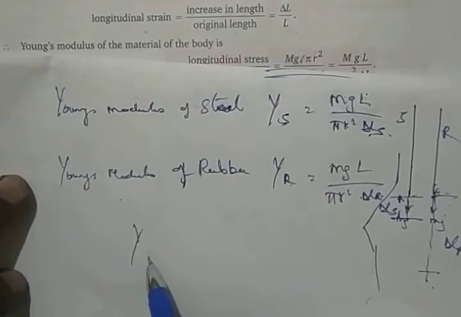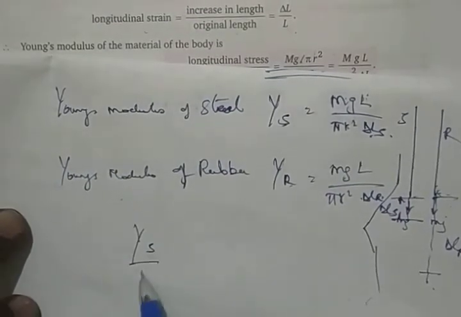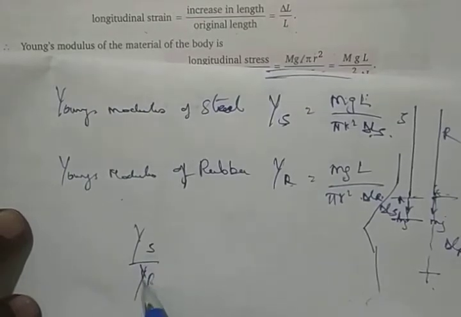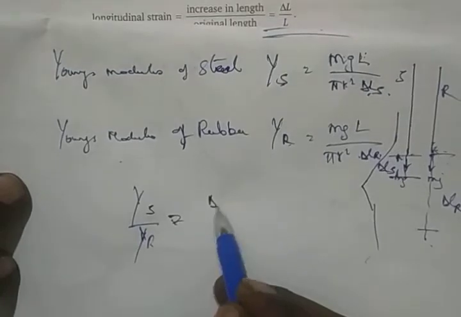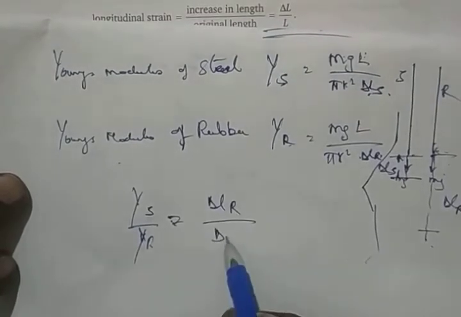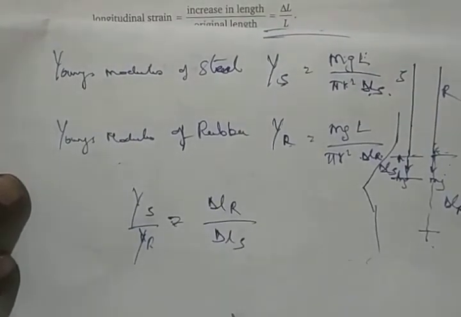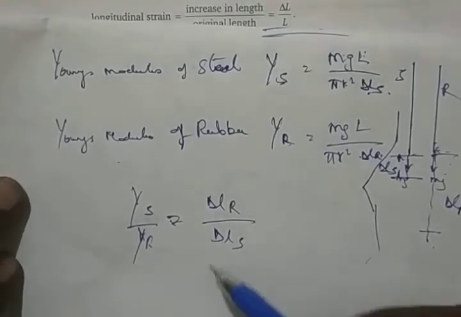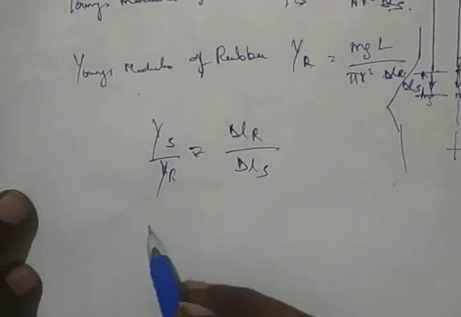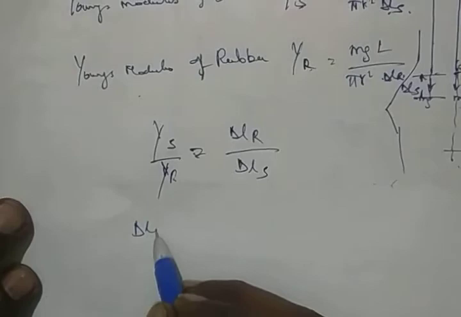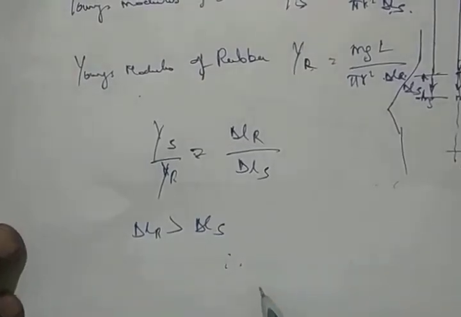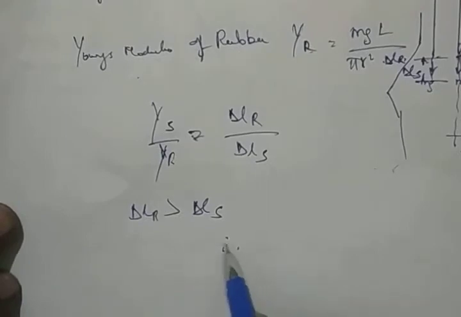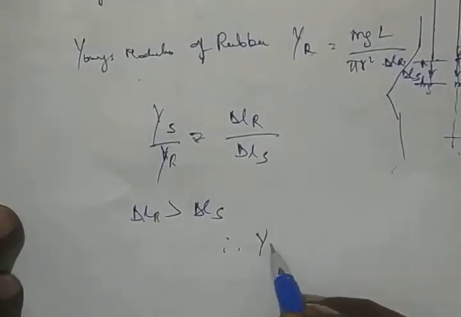So the Young's modulus of steel upon the Young's modulus of rubber is going to be equal to delta L of rubber upon delta L of steel, kind of a ratio here. So which is greater? Delta L of rubber is greater than delta L of steel.